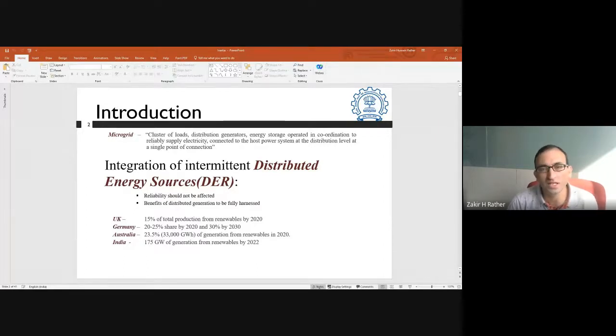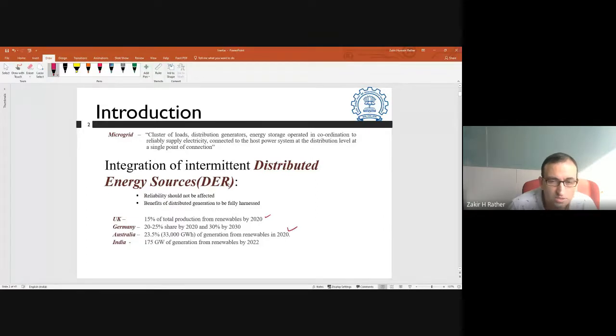If it is a synchronized AC system, of course these inverter-based resources will be integrated through inverters, and they will be synchronized with the grid through a PLL, or if it's a grid forming converter, without a PLL. Now, different countries have different targets.